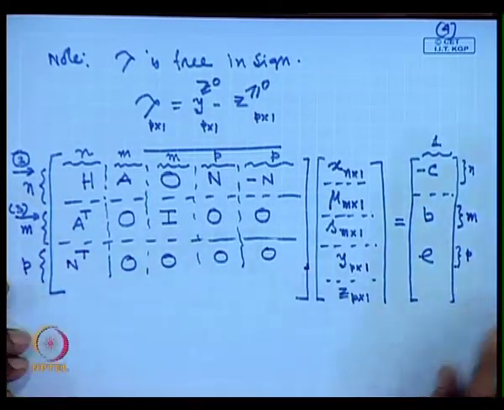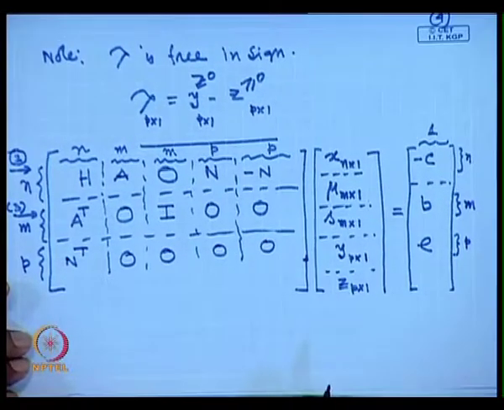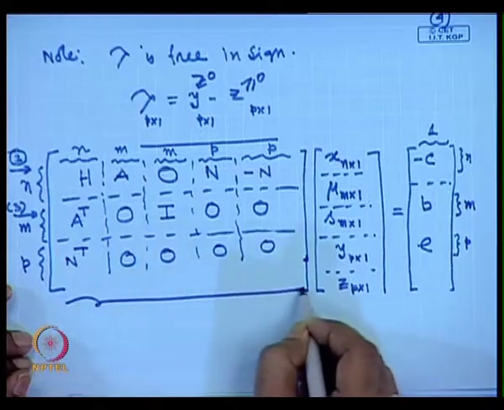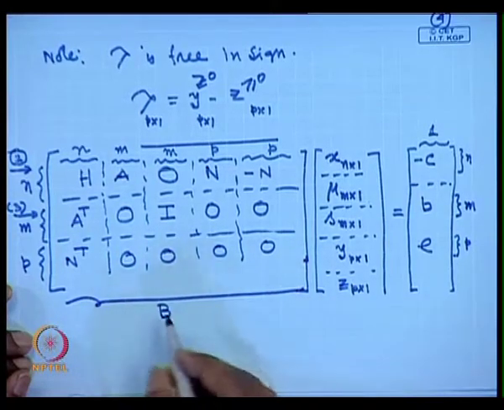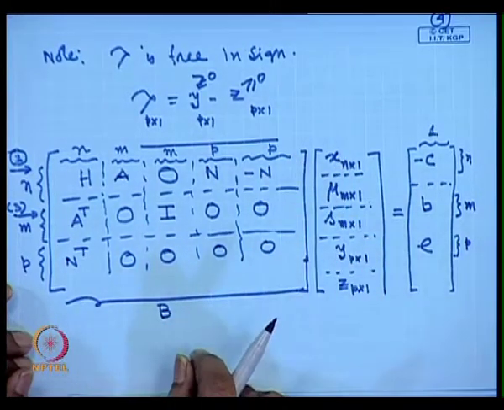So, we know the whole description of that. If you consider the whole matrix as B, what is the dimension of B? How many rows are there?